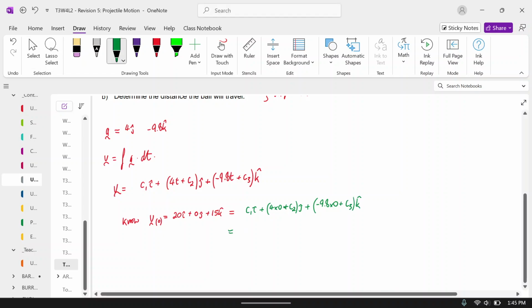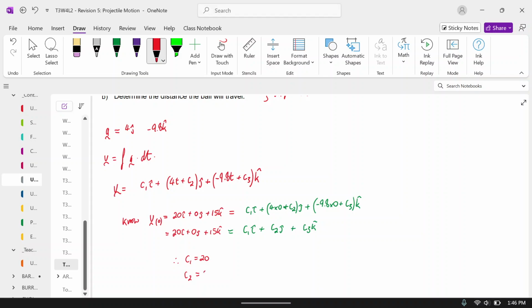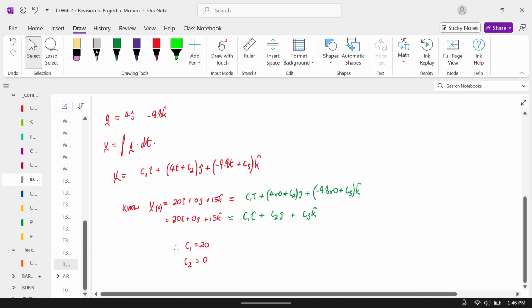So it's got to equal c1 plus c2 plus c3k. In this case, it's nice and easy. I can see straight away that c1 equals 20, that c2 is going to be 0, and that c3 is going to be 15. Cool.